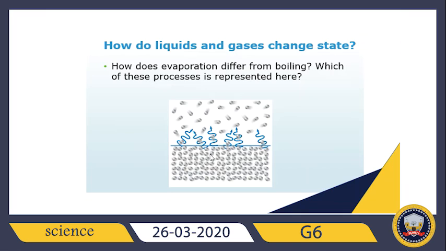So again, evaporation will not happen unless all the bonds between these particles are broken. And for water, for example, this will not happen until the temperature reaches the boiling point, which is 100 degrees Celsius.